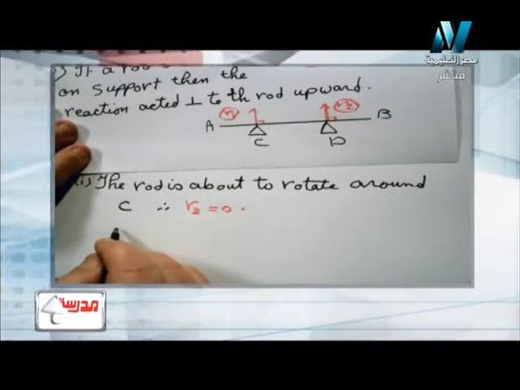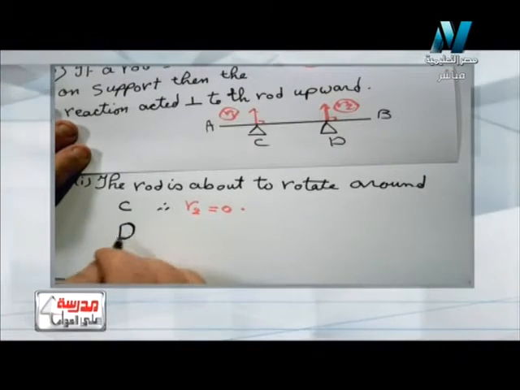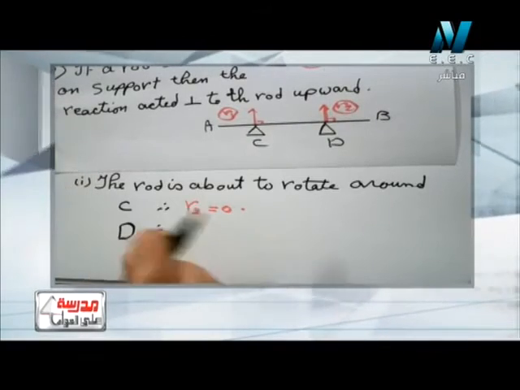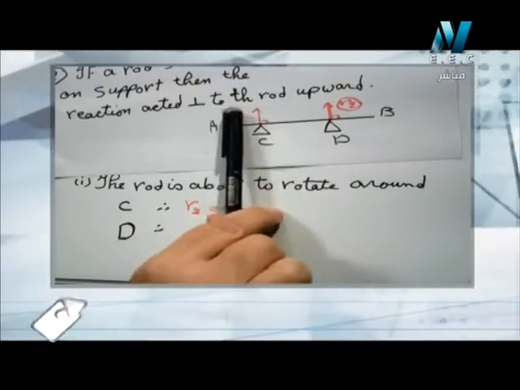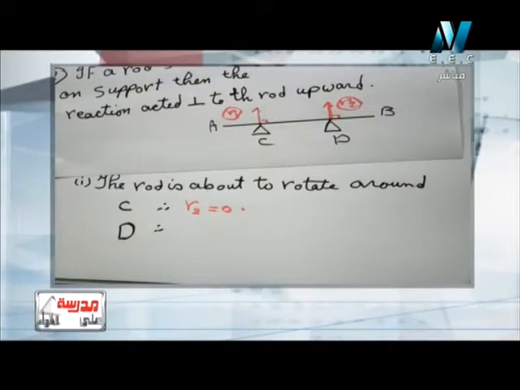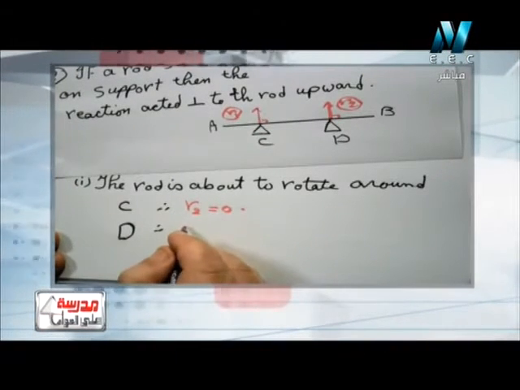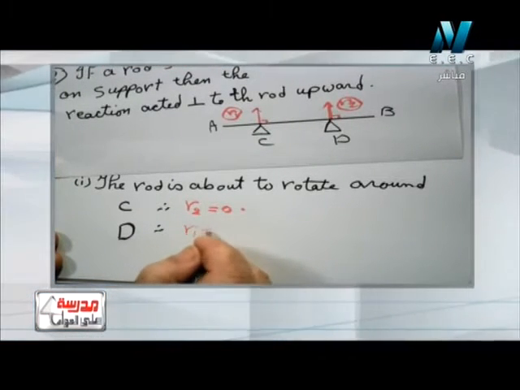If it is about to rotate around D, then R1 in this case equals 0.